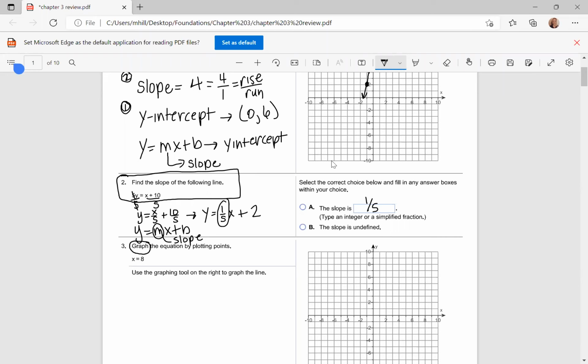This says to graph, number 3, graph x equals 8. Write that stuff down. You want to probably draw your XY axis real quick.